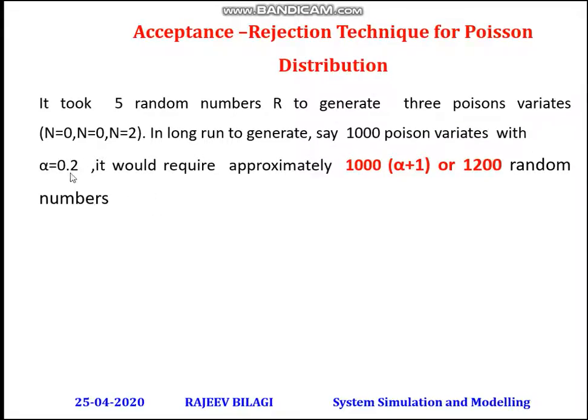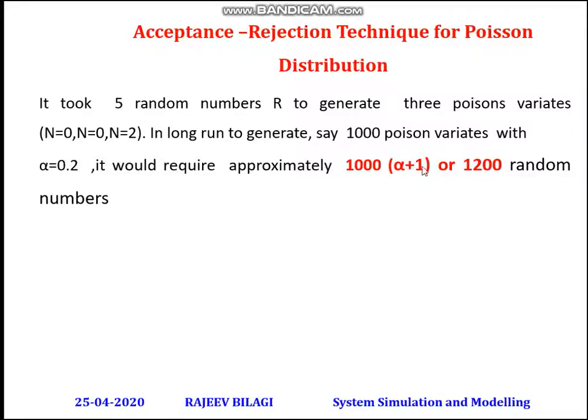So what is the value of alpha here? In this case 0.2. If I want to generate 1000 Poisson variates like this, with alpha 0.2, then the approximate number of random numbers required is 1000 into (alpha plus 1).